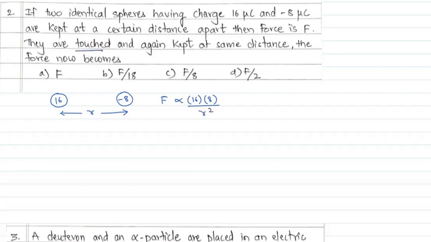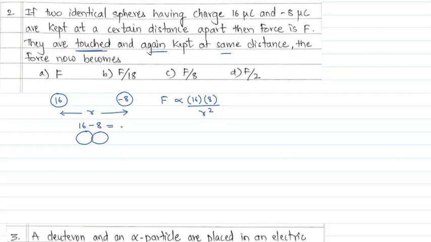Now they are touched and again kept at the same distance. When you touch both spheres, there is redistribution of charge. You should take the algebraic sum of these two.